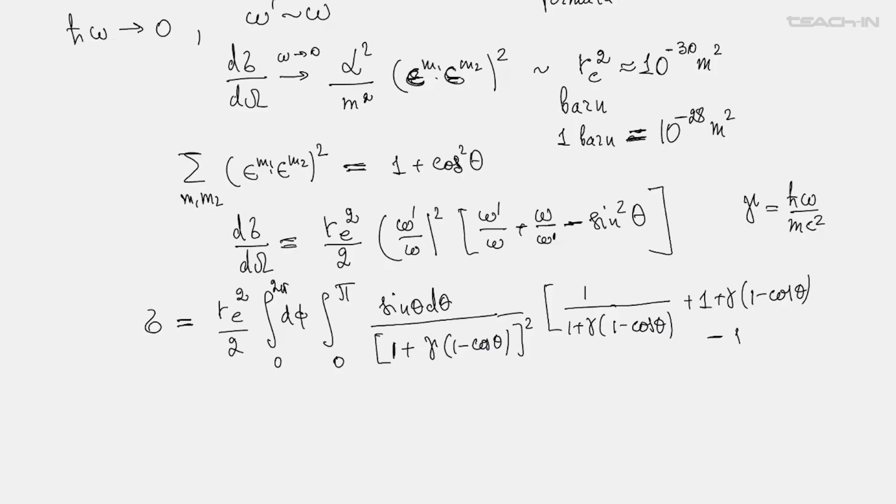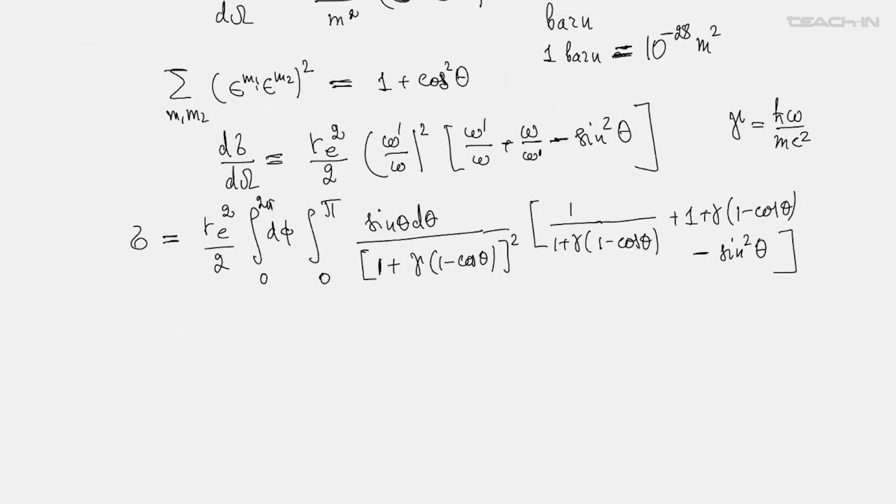And quite surprisingly, you can compute this integral in terms of elementary functions. So sigma upon integration gives you the following nice answer. This is pi r electron squared, 4 divided by gamma squared, plus twice 1 plus gamma. You can check me.